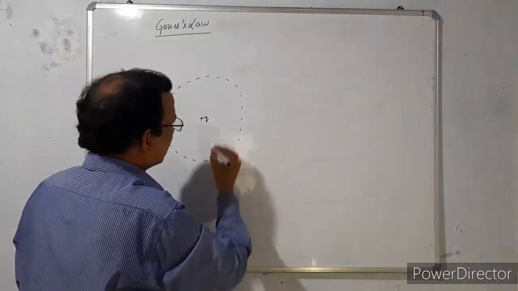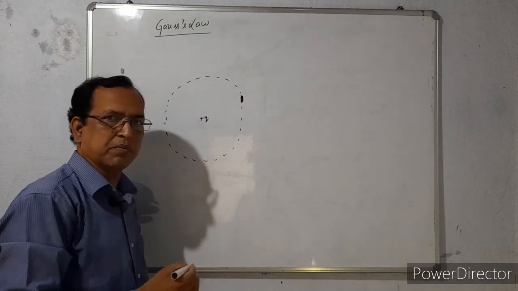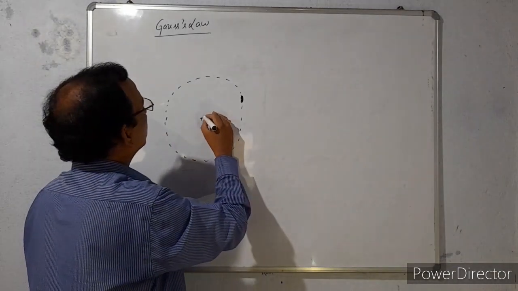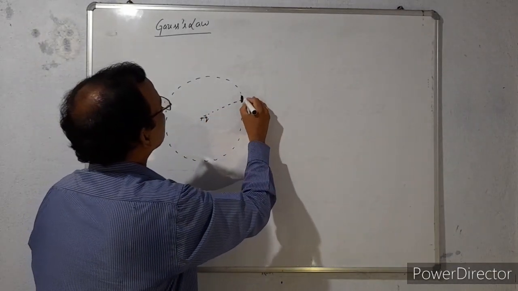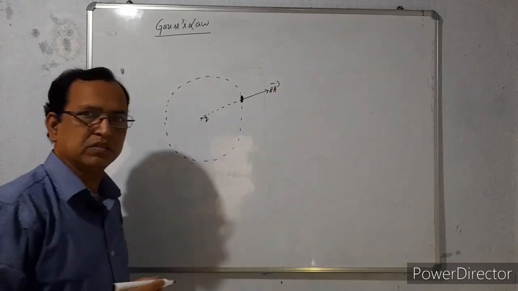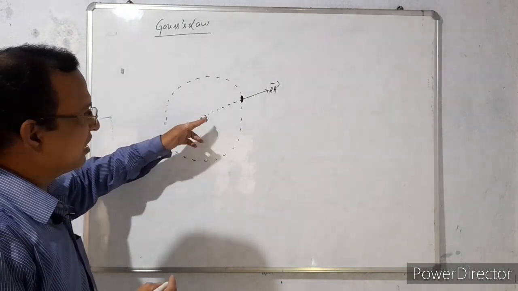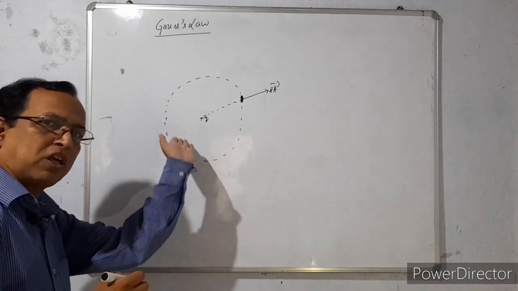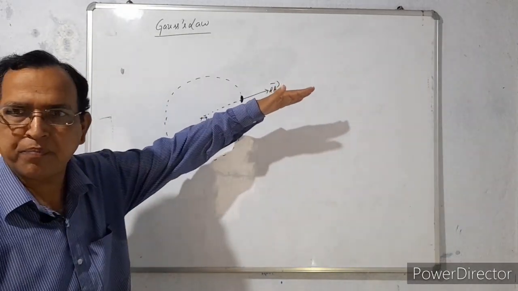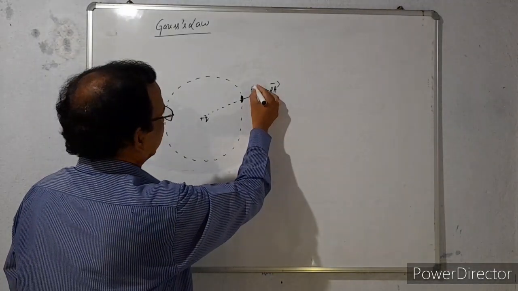Suppose this is a section of the surface. This is the direction of dA, the area vector. As the charge is placed inside the surface, we can find the direction of the electric field. The electric field is also in this direction.